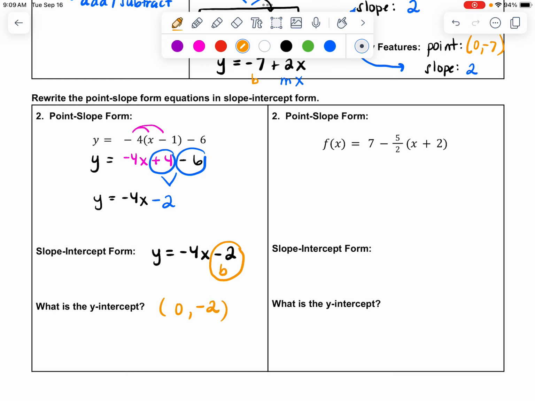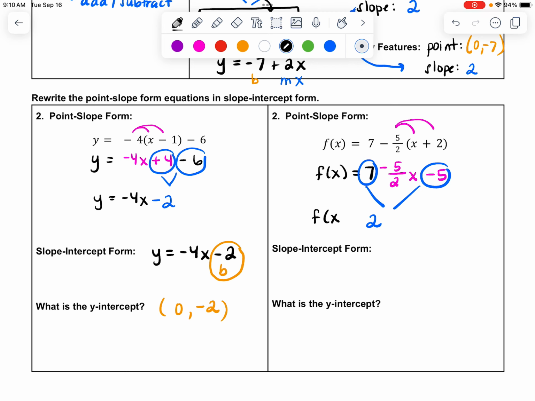Let's try that one more time. We would distribute the negative 5 over 2. So we have negative 5 over 2x minus 5. And then drop down the f of x equals 7. Then we would look for like terms. So 7 minus 5 get combined, and we get 2. And then we copy everything else down.